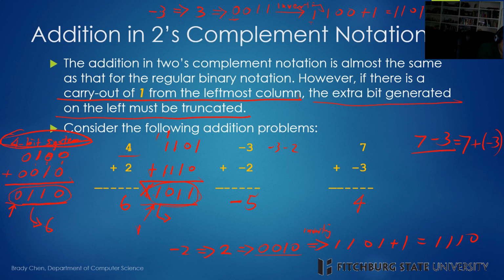So then we need to check the absolute value for this number. We invert the number to 0, 1, 0, 0, and then we add 1. So we get 0, 1, 0, 1. Okay, so that's the absolute value for this two's complement notation. Now what does this number represent? It's 0, 1, 0, 1, right?